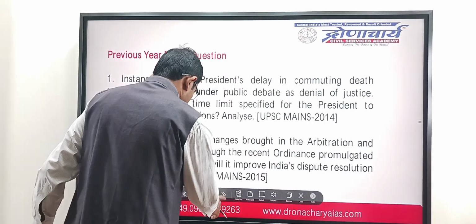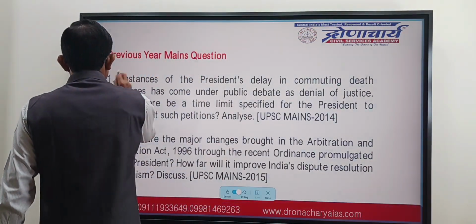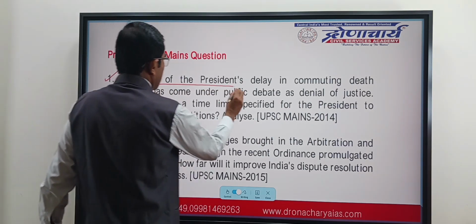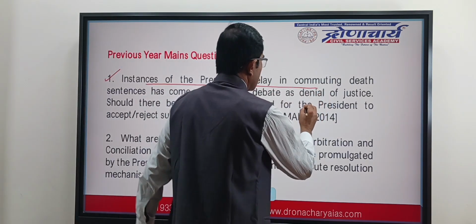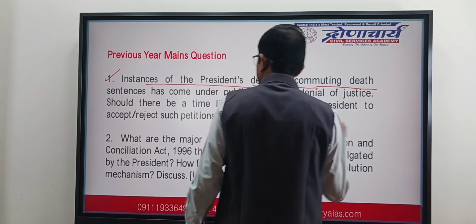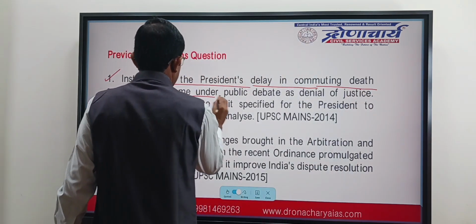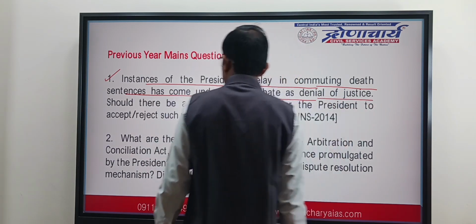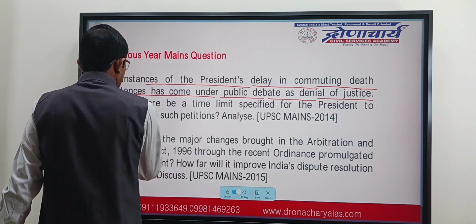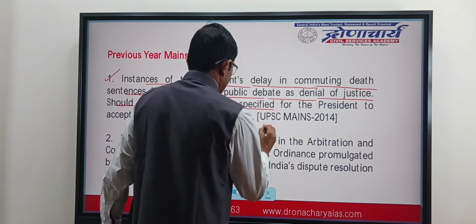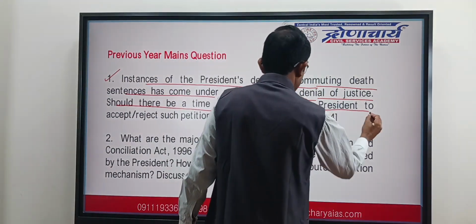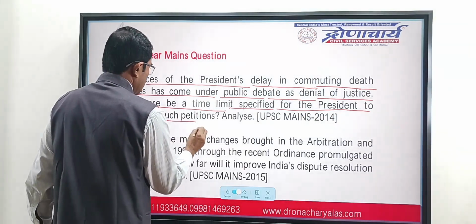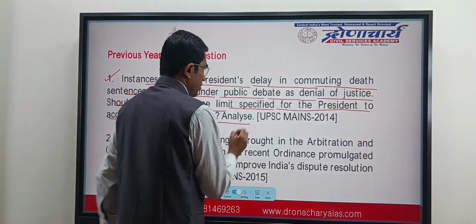First, instances of the President delaying commuting death sentences have come under public debate as a denial of justice. Should there be a time limit specified for the President to accept or reject such petitions? Analyze.